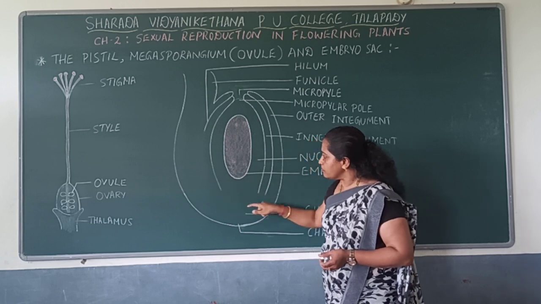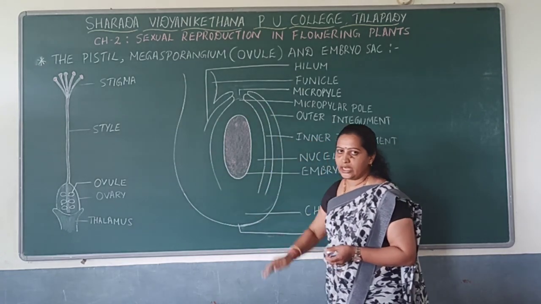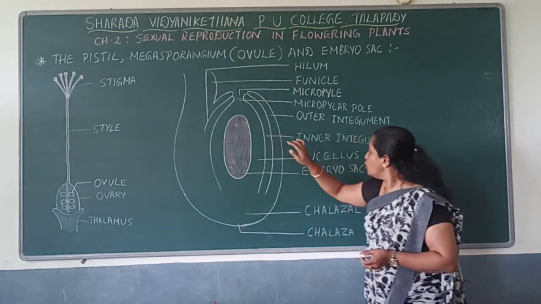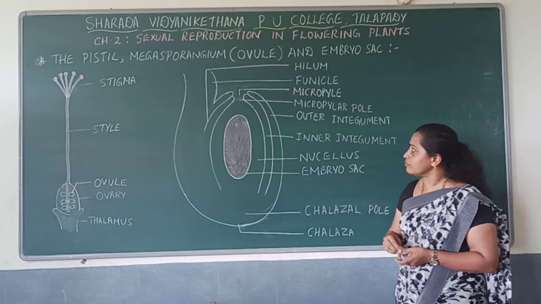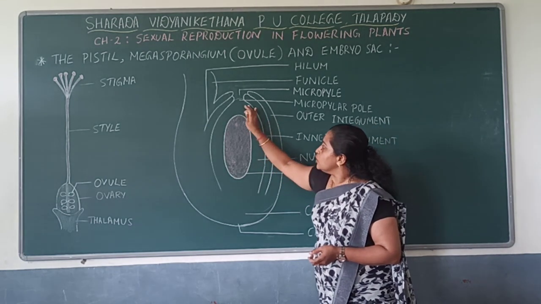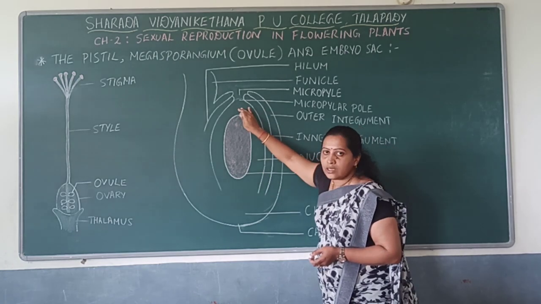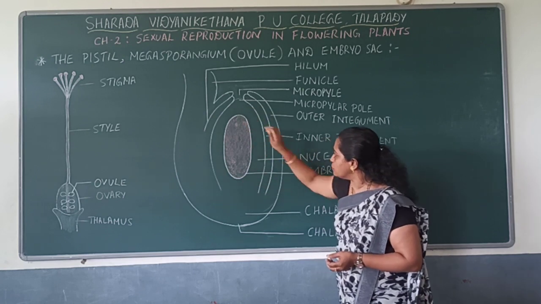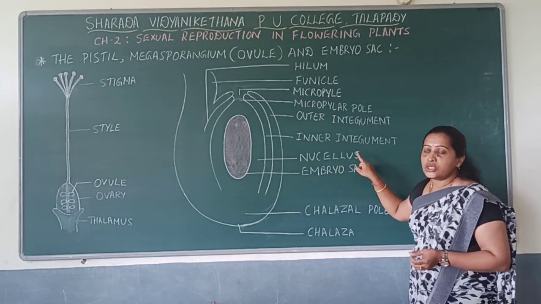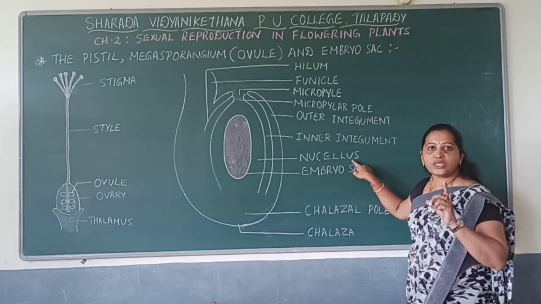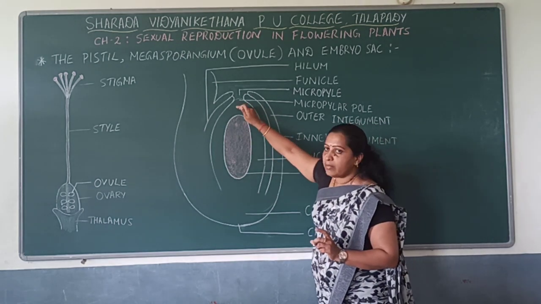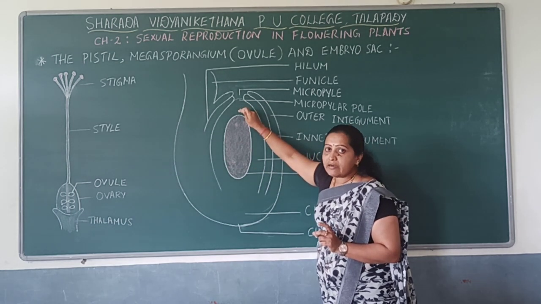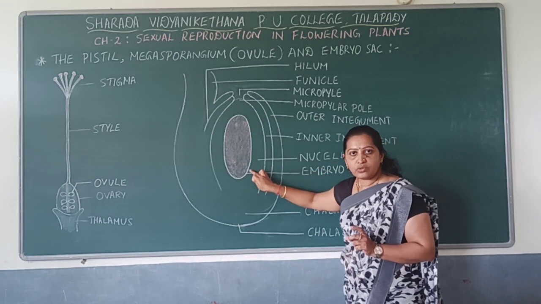Within the integuments, the ovule is filled with nutritive tissue known as nucellus. Among the nucellus, only one cell towards the micropylar end later develops into the embryo sac.